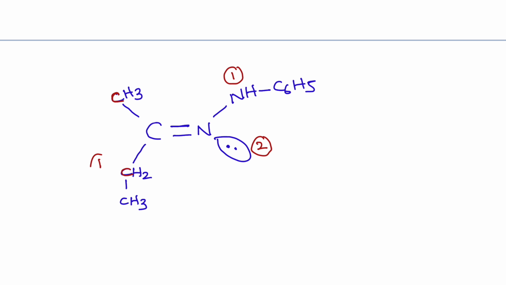So this will receive first priority, methyl gets second priority. You can see high priority groups are on opposite sides, therefore this molecule is said to possess E configuration. So this is about geometrical isomerism in C-N double bonded systems and N-N double bonded systems.